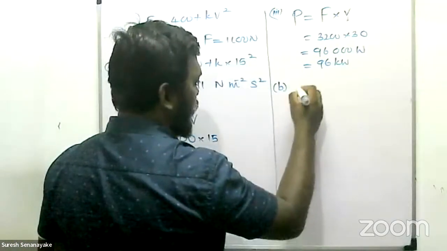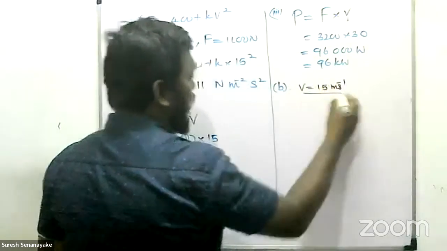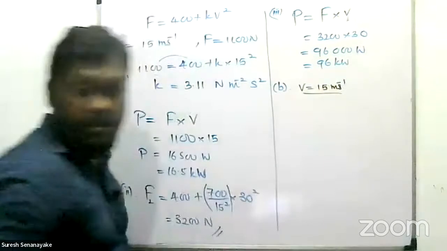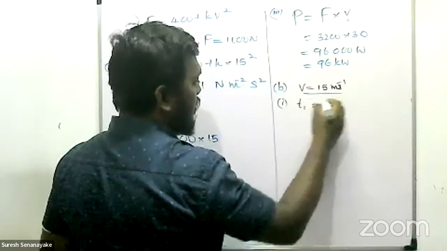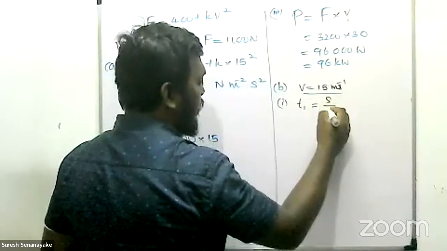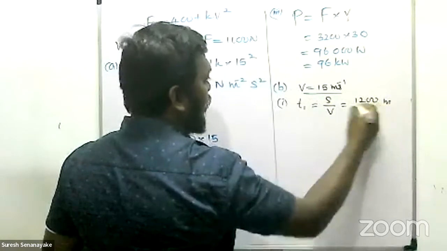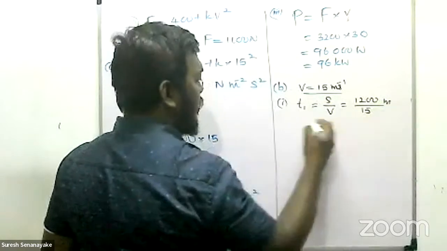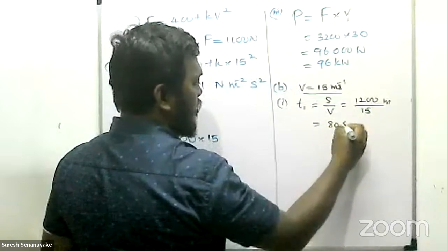When v equals 15 meters per second, the time taken, let's say t1, equals the distance divided by the velocity. So that is 1200 meters divided by 15 meters per second, which is 80 seconds.